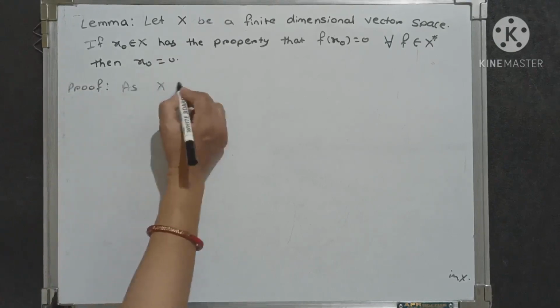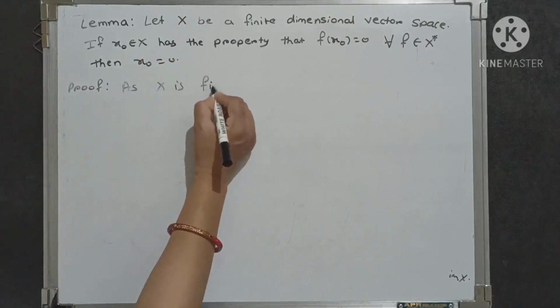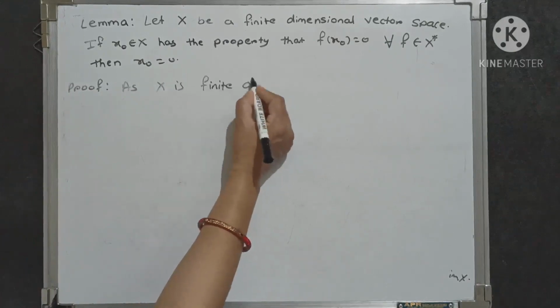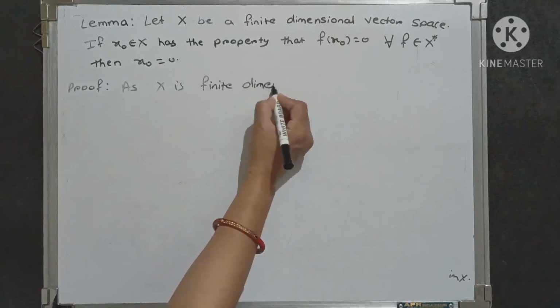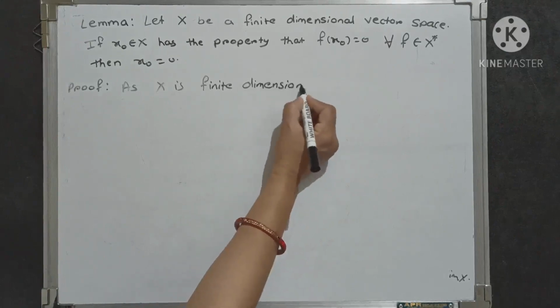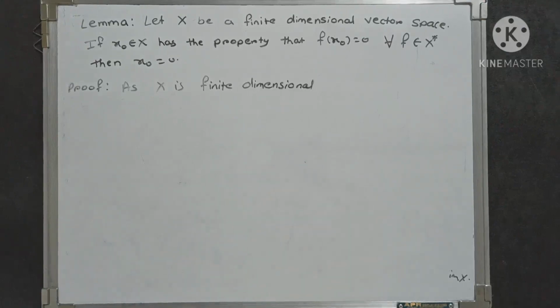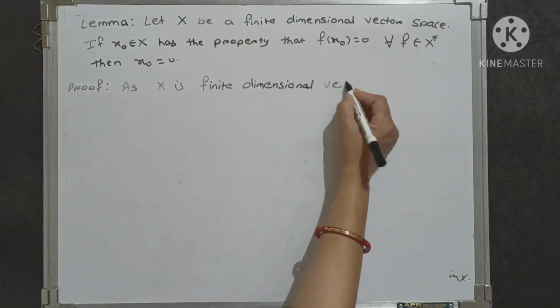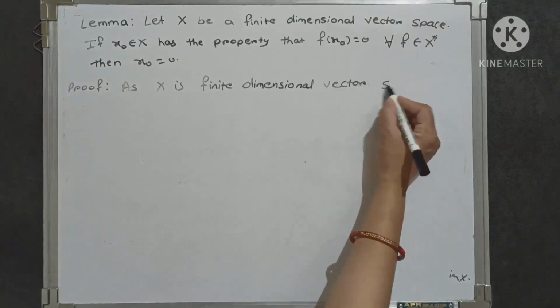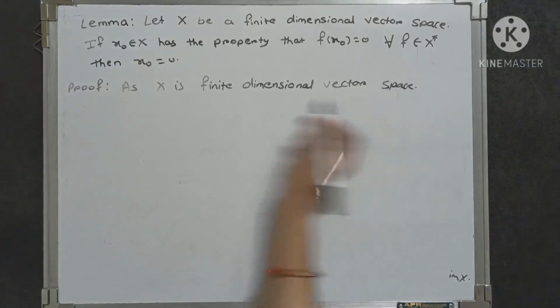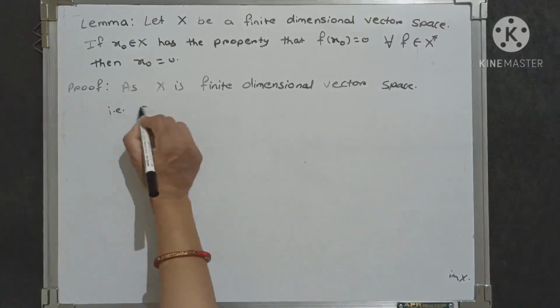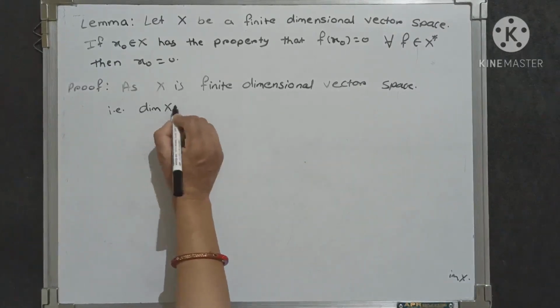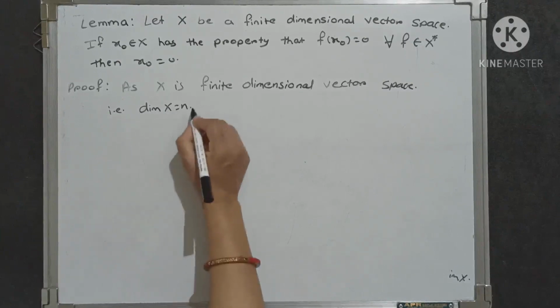As capital X is a finite dimensional vector space, that is, dimension of X equals n.